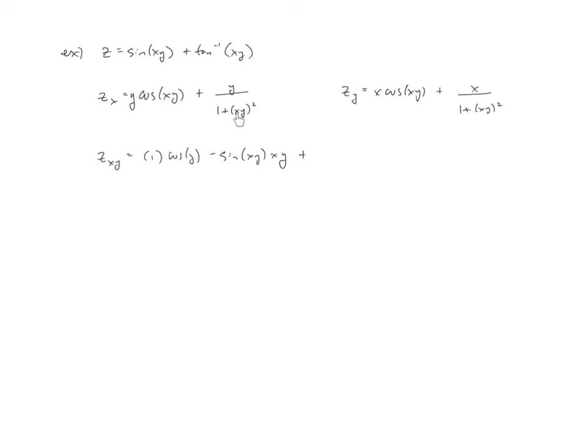And then for this term here, this is going to be a quotient rule. So we're going to have, with respect to y, low, so we've got a 1 plus x squared y squared, times the derivative of the high, derivative of y with respect to y is going to be 1. Then we've got a minus high, and then the derivative of the low.